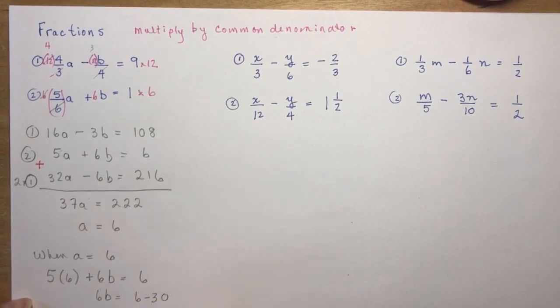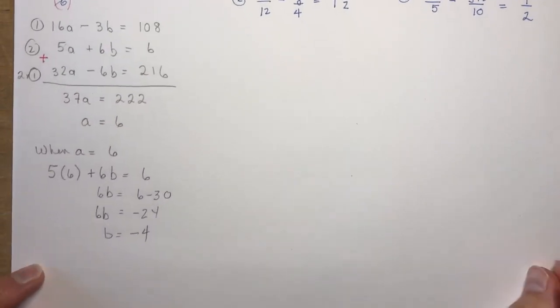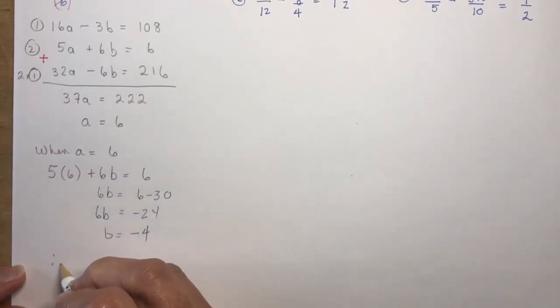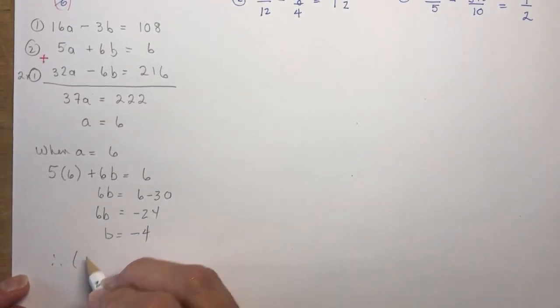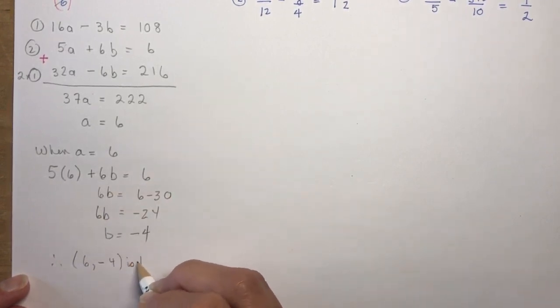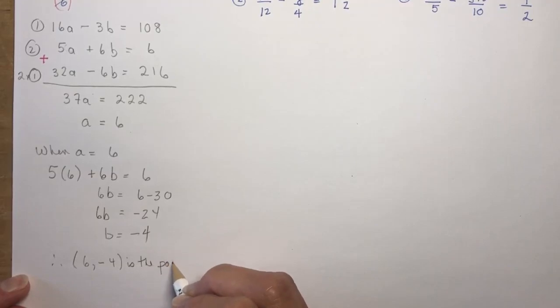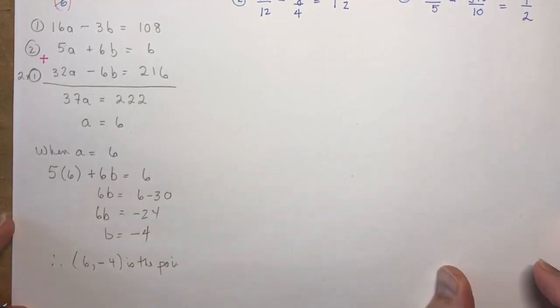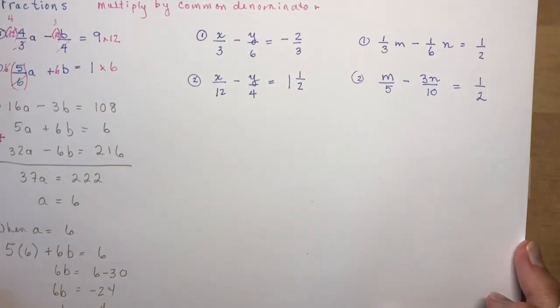Minus 30 is minus 24. And b is equal to minus 4. Off the page, felt like it. Therefore, a was 6 and b is minus 4 is the point of intersection. Great. Okay, let's go on.